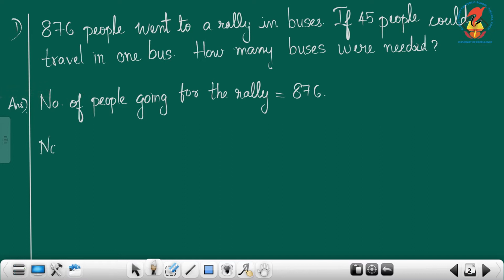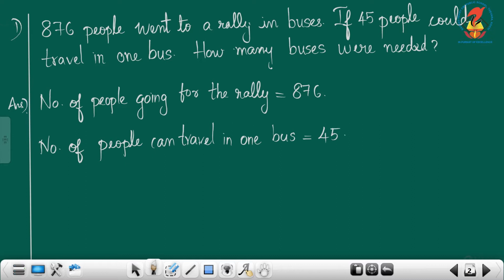So we can write number of people can travel in one bus is equal to 45.